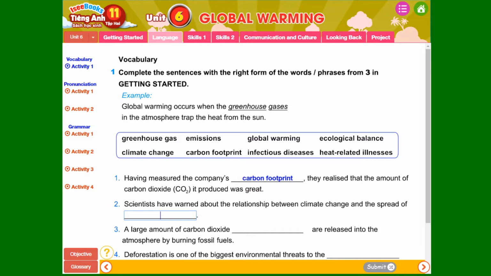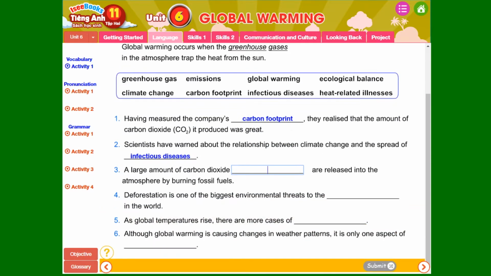So number 2 is infectious diseases. Number 3, a large amount of carbon dioxide are released into the atmosphere by burning fossil fuels. So number 3 is emission.